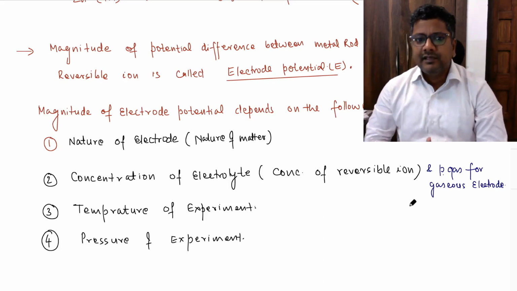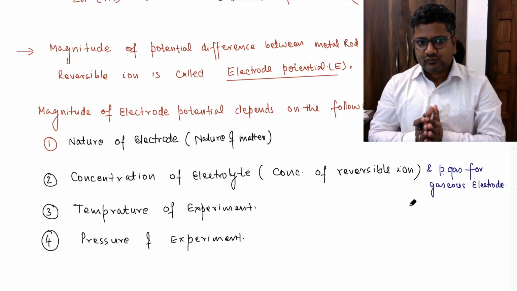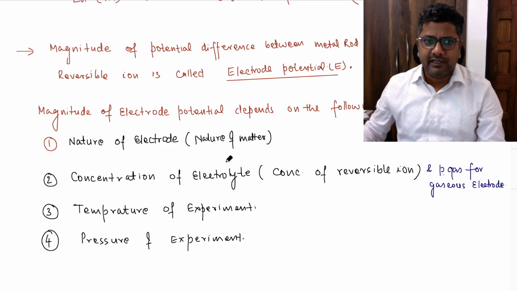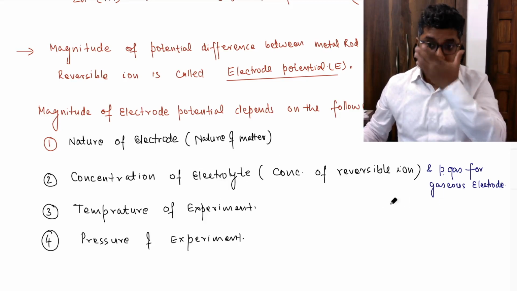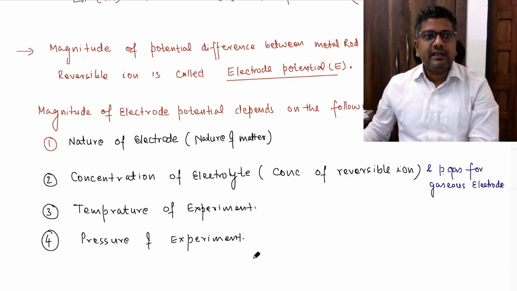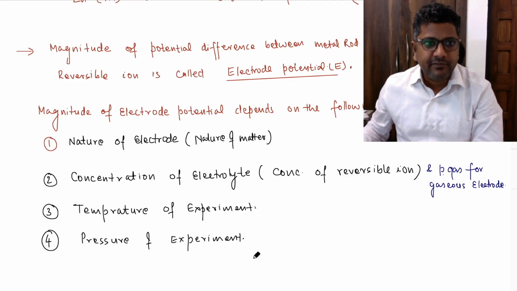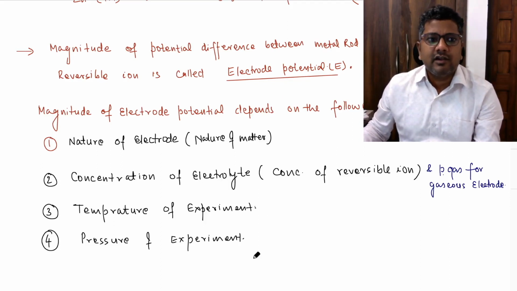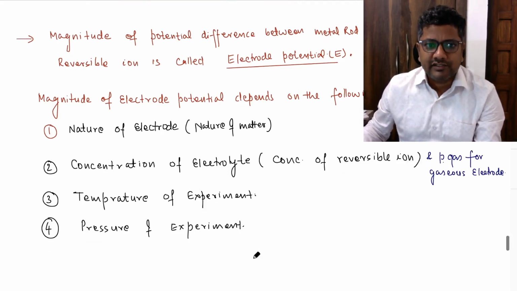See, the nature of the electrode is always constant for the given electrode. If we control the concentration, the pressure of gas, the temperature of the experiment and the pressure of the experiment, we can specify the value of electrode potential, and this is called standard electrode potential.